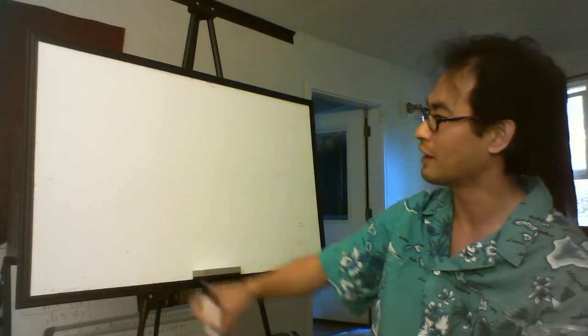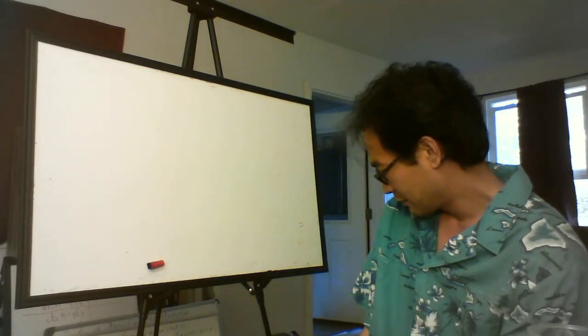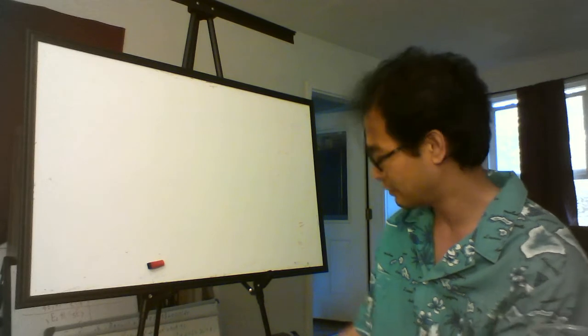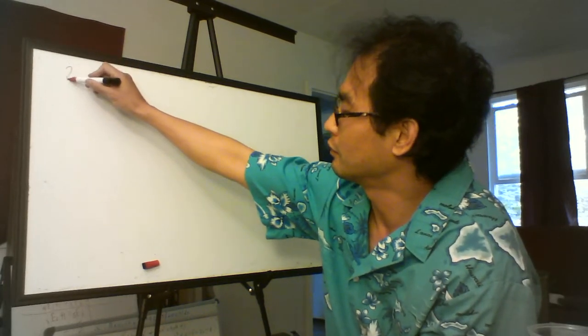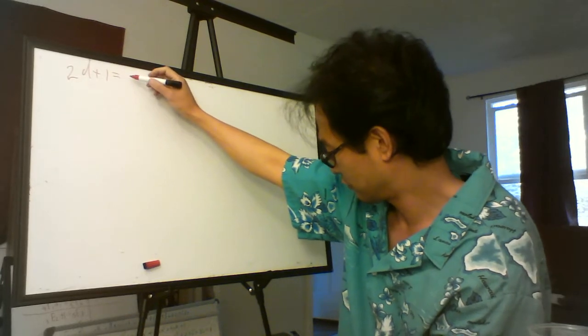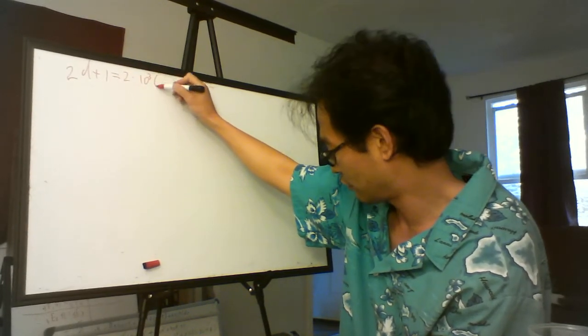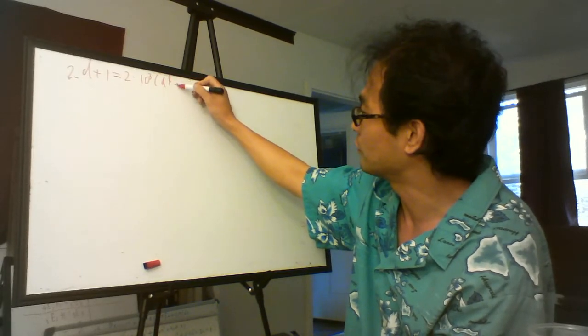Let me just copy it down. Can we find some number where 2d plus 1 is equal to 2 times 10 to the third times (a to the fourth plus b to the fourth)?